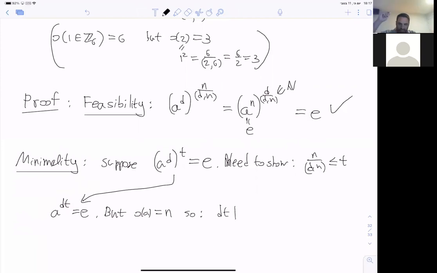We have seen it in the beginning of this lecture. If you have some k that gets you to e, then the order should divide k, so here n should divide dt.